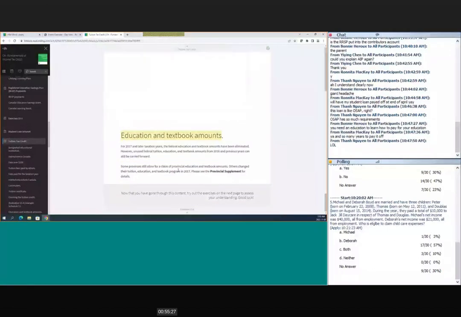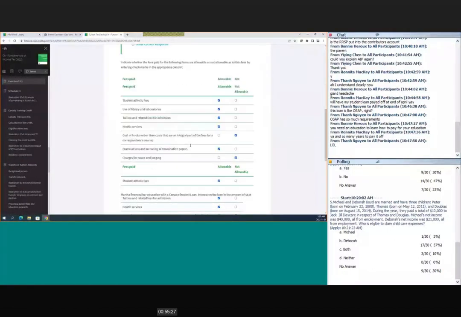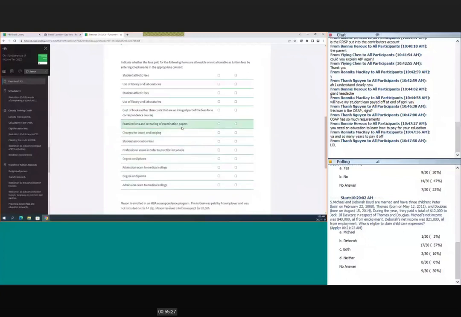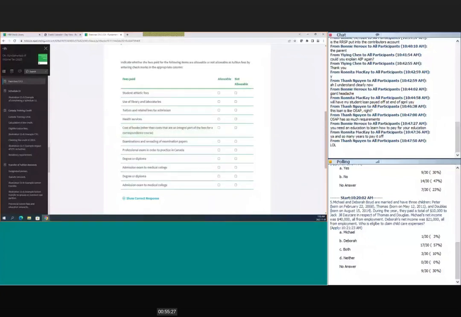Oh yeah, it was the exercise. I thought this was an excellent exercise. So let me just take out all the answers and let's do it in class now. Okay, so it says indicate whether the fees paid for the appropriate items are allowable or not allowable as tuition fees by entering check marks.